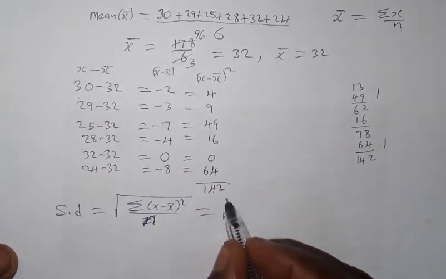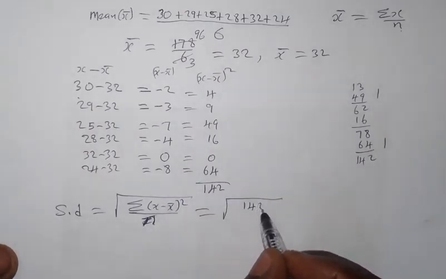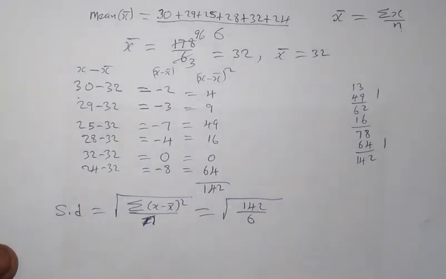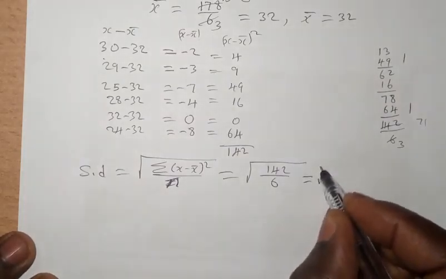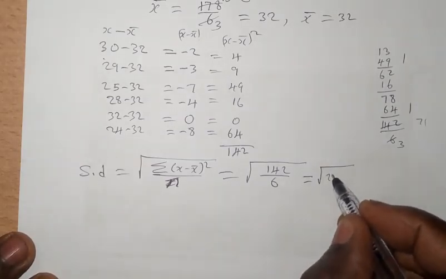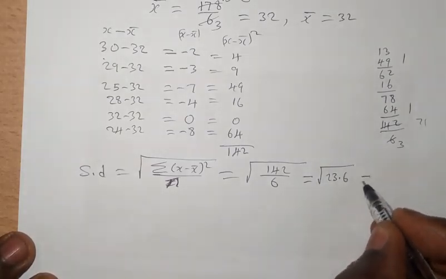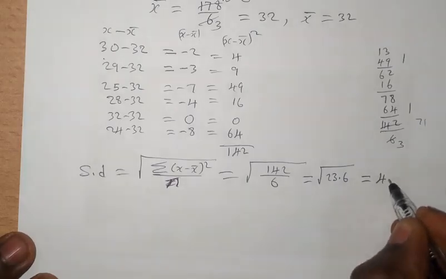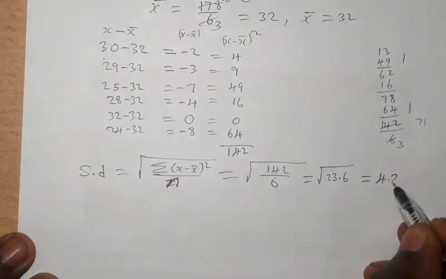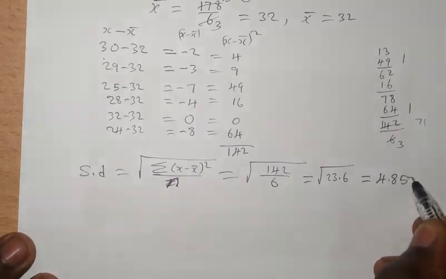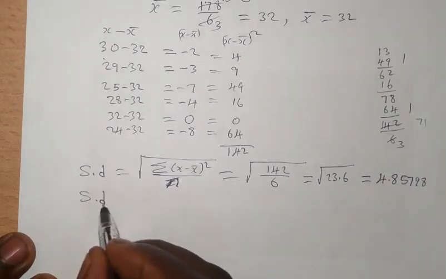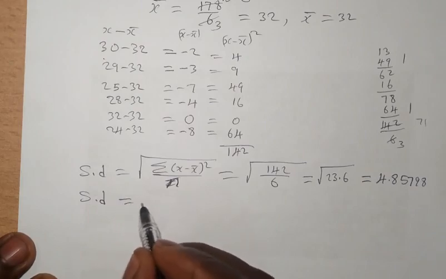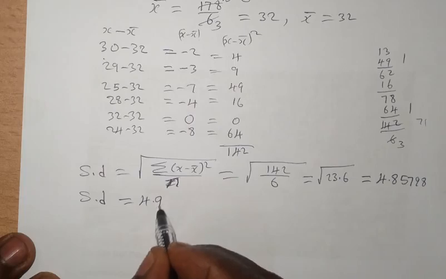So by implication, this is 142 divided by 6, which gives us 23.6, and the square root of 23.6 is 4.85798. When we approximate, our standard deviation is approximately 4.9.